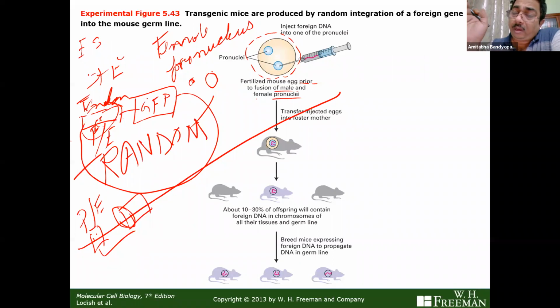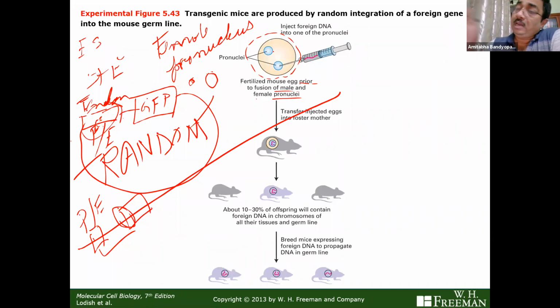Therefore, you will have to test a few hundred mice that come out of this. Each injection is an independent event. One zygote is injected at pronucleus number 1, you take several such and put them in one female.